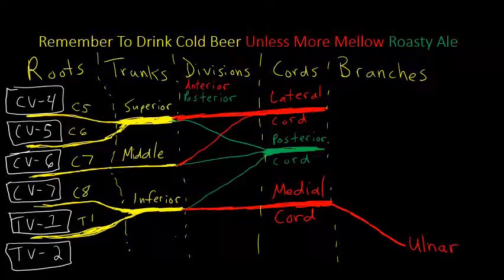And the ulnar nerve will excite contraction of flexors of the wrist and fingers that are found on the medial side of the forearm. So those include flexor carpi ulnaris and flexor digitorum profundus, or the medial portion of flexor digitorum profundus.